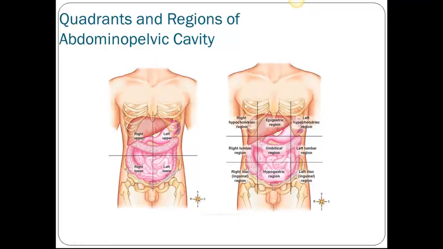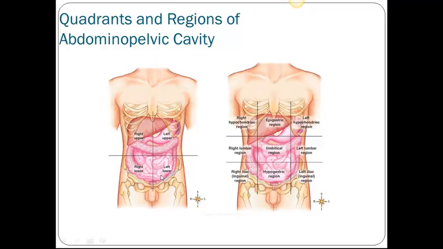So one of the main organs in the right upper quadrant would be the liver, and as you can see, the liver kind of extends into the left upper quadrant, but usually we assign organs to the quadrant that they are mostly in. So even if there is a small portion of that organ in another quadrant, we don't consider that the main quadrant they are present in. So liver would be right upper quadrant, stomach would be left upper quadrant.